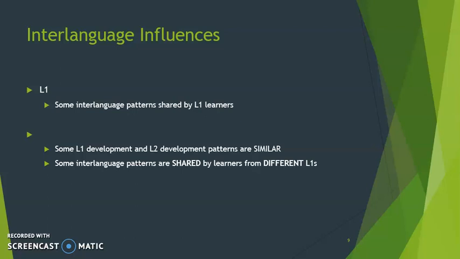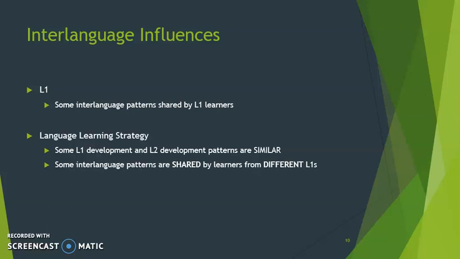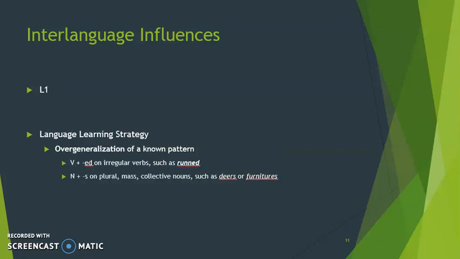So that's one possible influence, but there are other ways that patterns might be shared across L1s. And it could also be because of language learning strategies that are used. For instance, it's a very common pattern, both in the L1 and in second language learning, that a pattern that is known to the learner gets overgeneralized.